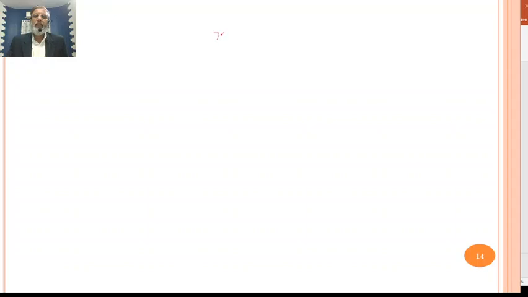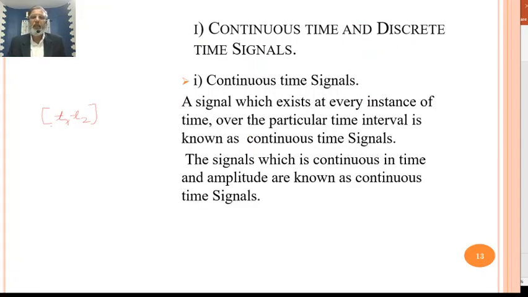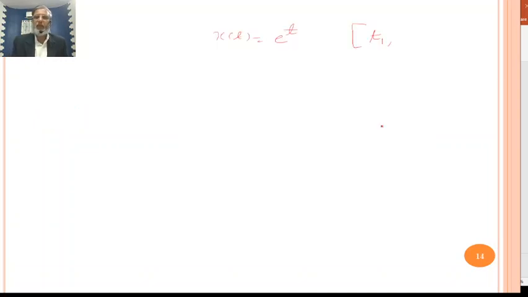Here the signal x(t) equals e raised to t. This signal exists over the particular time interval T1 to T2. Now here we will consider T1 as minus infinity and T2 as plus infinity.